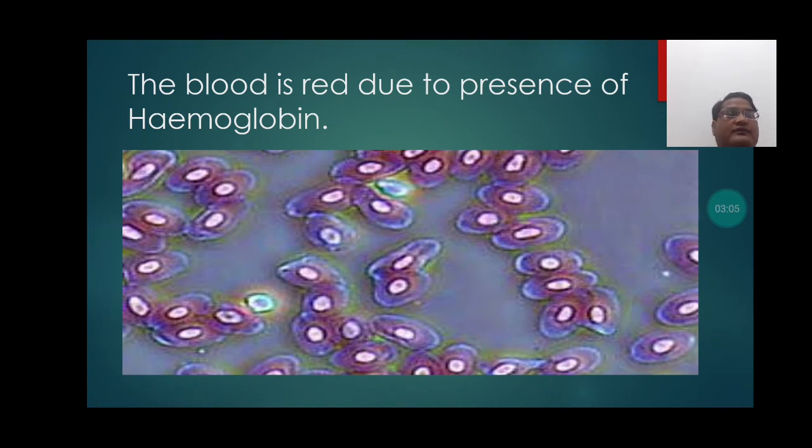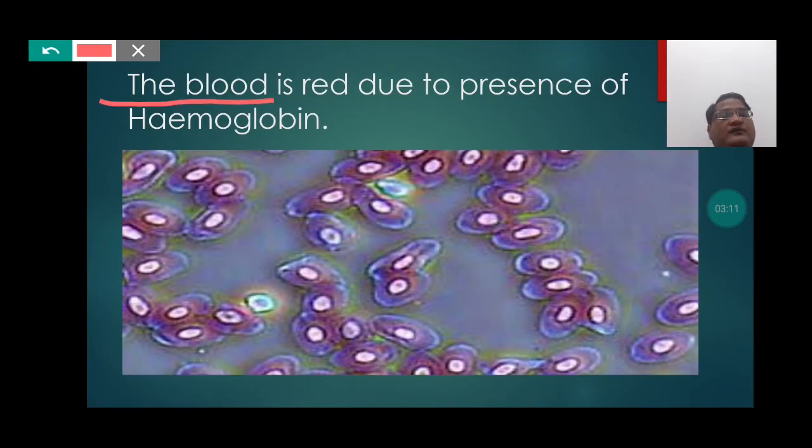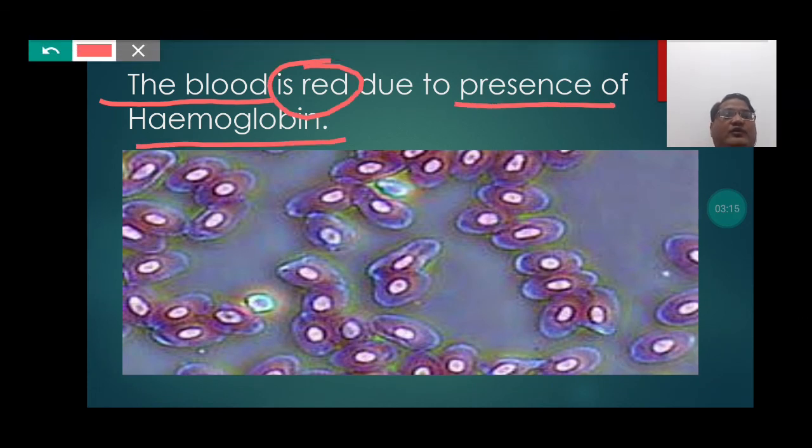The blood is red due to presence of hemoglobin. Students, the blood of amphibians is also red due to the presence of hemoglobin. Students, we know that it is the reddish pigment, that is hemoglobin, which imparts a distinct redness to the blood cells.